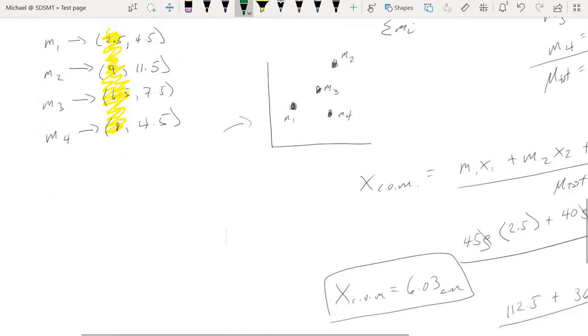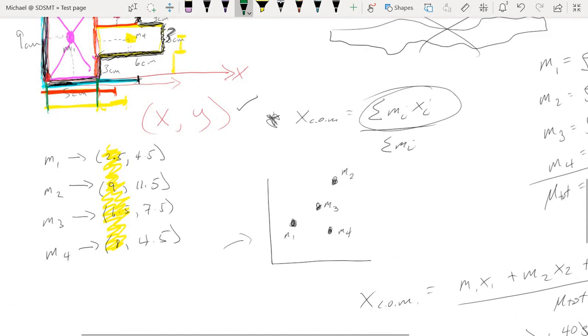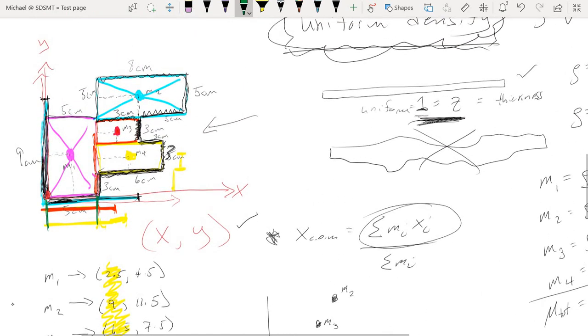I need 6.03, so we'll come out to right about here. We'll say that that's 6.03. So right there is where the x component of the center of mass needs to lie.